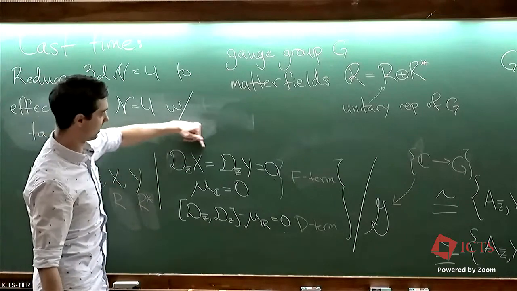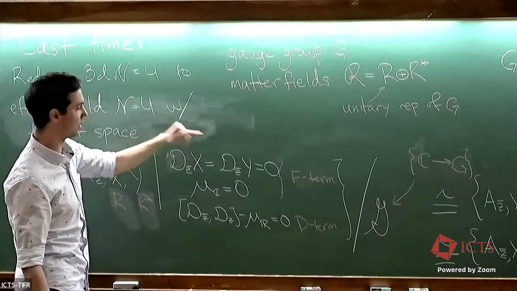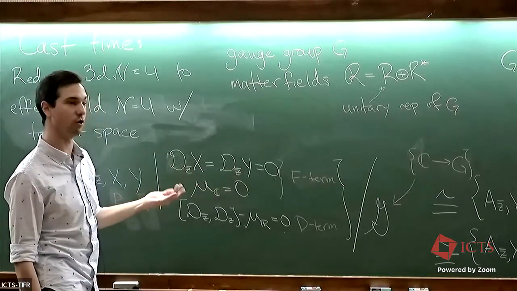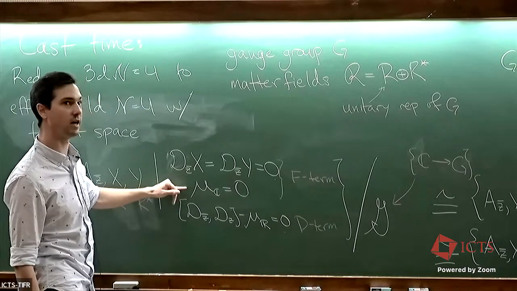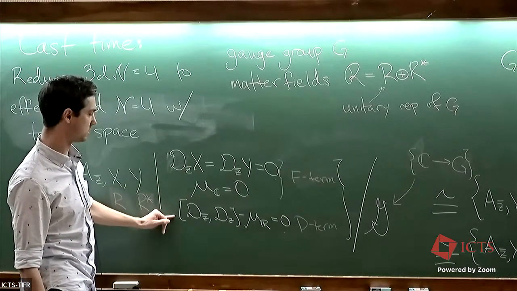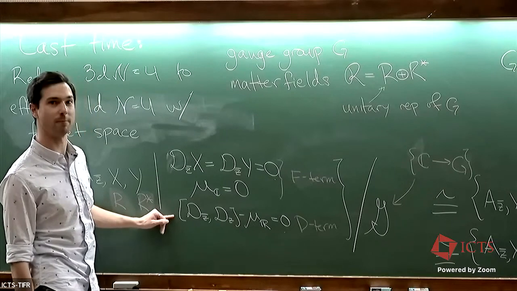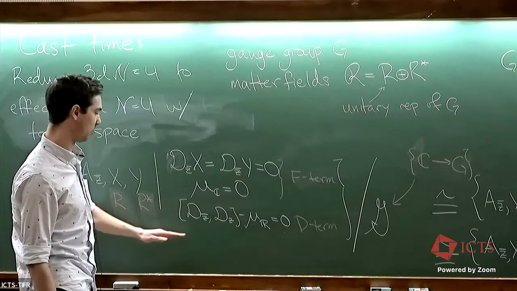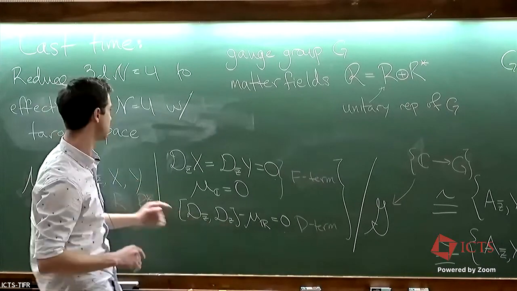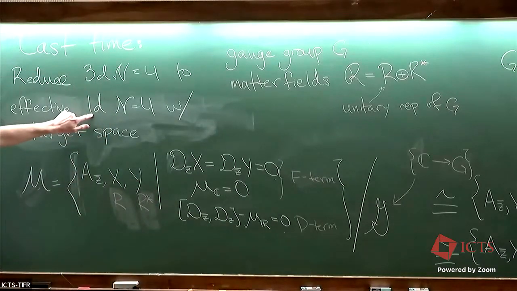The equations that cut out the low energy solutions say that X and Y are covariantly holomorphic. They satisfy a complex moment map constraint. And there was a real moment map type constraint, where this is, of course, the curvature in the plane transverse to this 1D timeline.